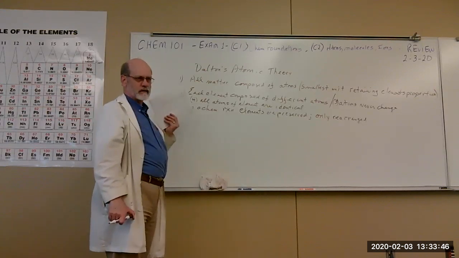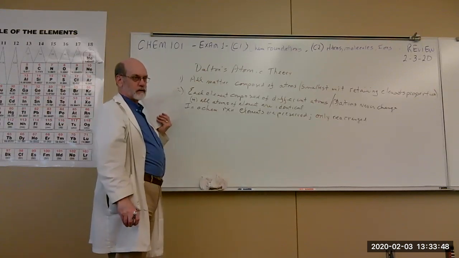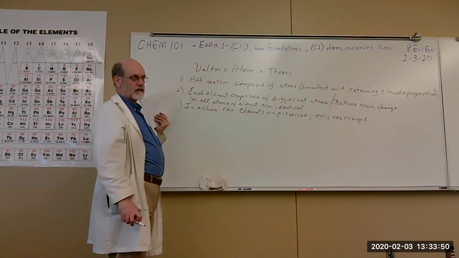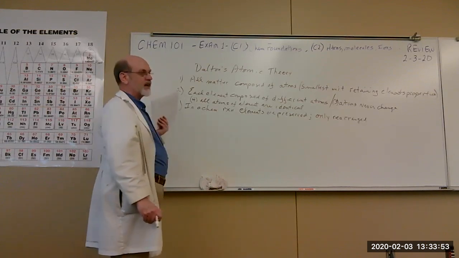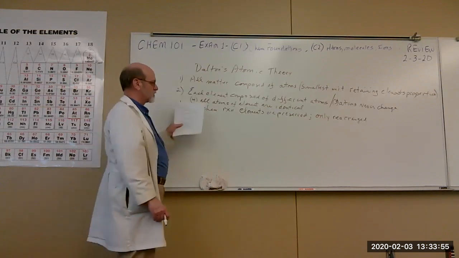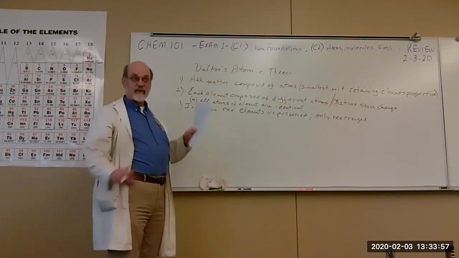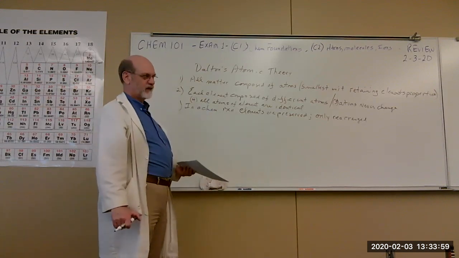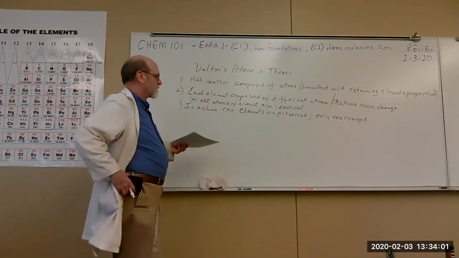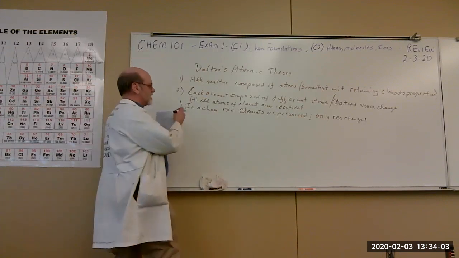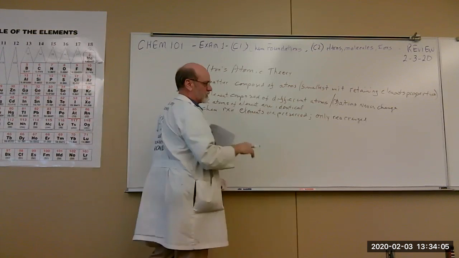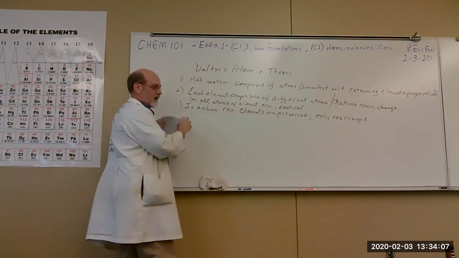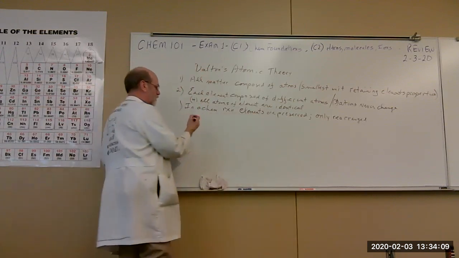Yeah, non-radioactive isotopes can be formed in a chemical reaction. I mean, chemistry's the same, but the atoms are not identical. Right, they behave the same. Yeah, there's some argument there too. But for our purposes, all the atoms of an element are not identical because of isotopes.